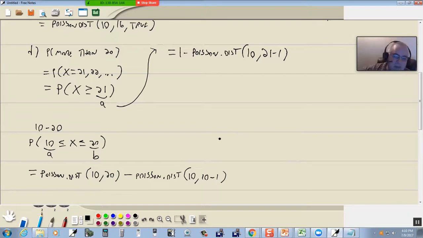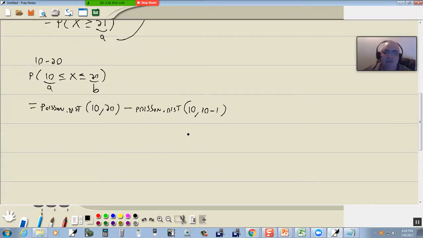Now, what made me have to think of the setup on that previous one is if I think what this includes x value wise. This goes up to 20. So this is 0, 1, all the way up to 20 in terms of possibilities. Now this one is 10 minus 1, which is 9. So we got 0 through 9.